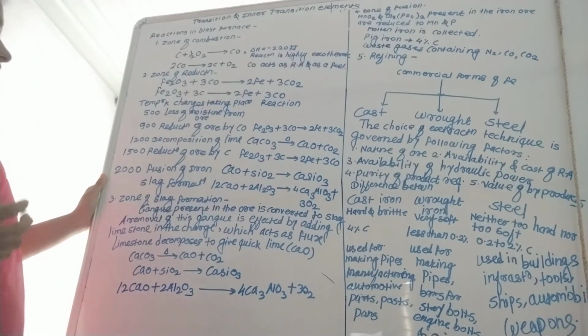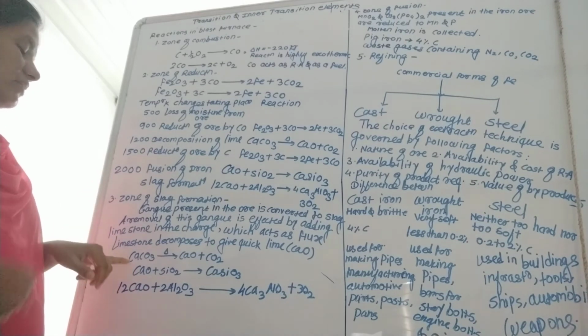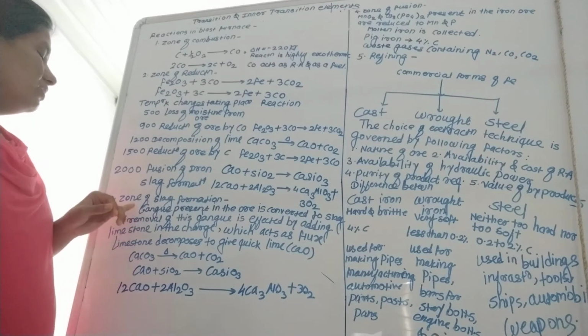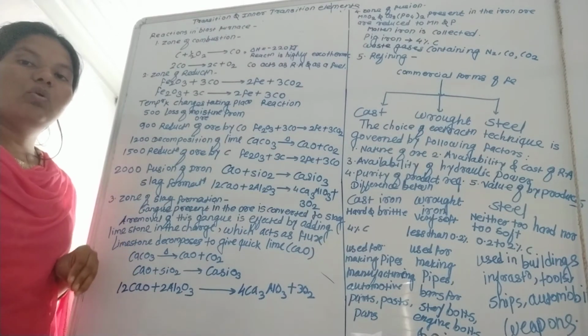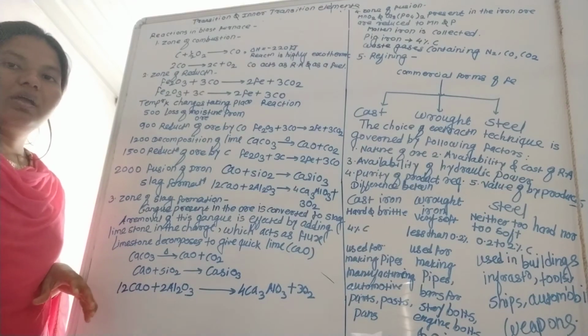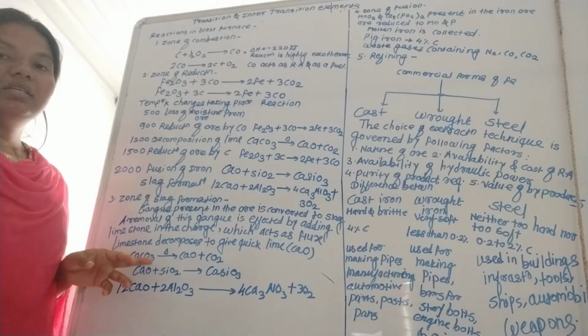Okay, and the removal of this gangue is effected by adding limestone in the charge, which acts as a flux. Limestone decomposes to give quick lime. You can see here how slag forms in the zone of slag formation. You just add some limestone to the ore and it forms a flux, and you heat it.